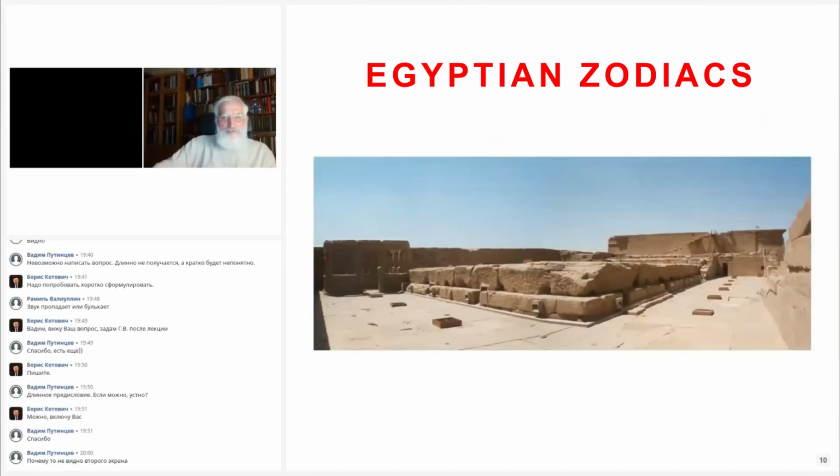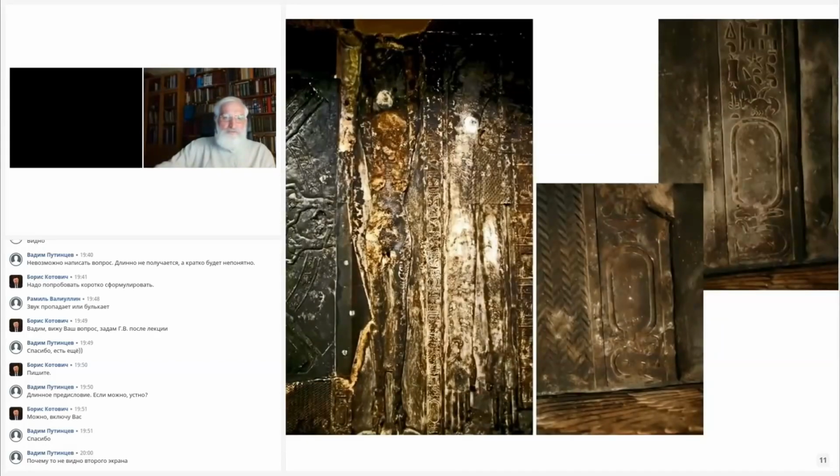This temple has a flat roof, and you can climb onto it. On this roof stands a chapel. That is, a building on a building. In this chapel is the round zodiac. Here it is. This is its photograph. It was taken in Egypt.